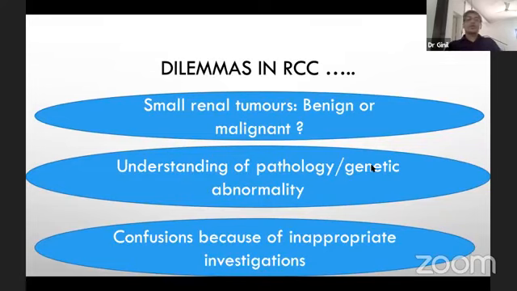These are because, one, more and more small renal tumors are now diagnosed, and a lot of them may be benign. The pathology has progressed to such an extent, and genetic abnormality is seen in a lot of cases. And over and above that, there can be some confusion because of inappropriate investigations and issues with the diagnostic investigation finding.